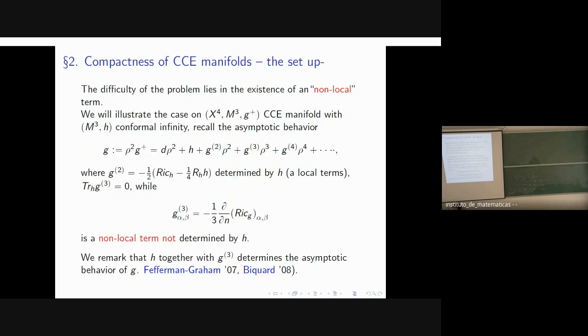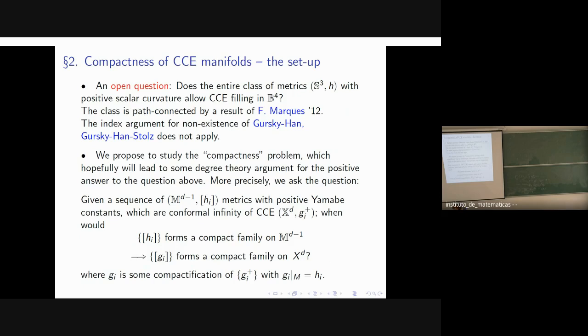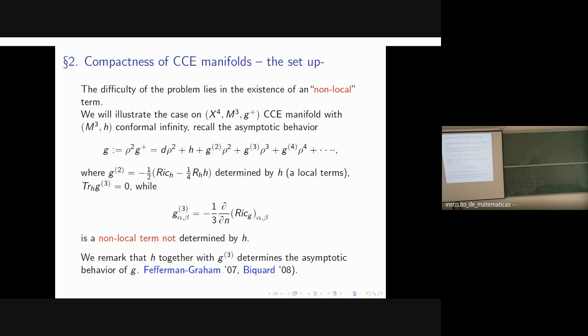And what is the difficulty of the problem? The difficulty is that there exists a non-local term. If g is an extension of h in this sense, then we know there is an expansion of g, and a term in it does not depend only on the information of h. This is expressed in the following way.